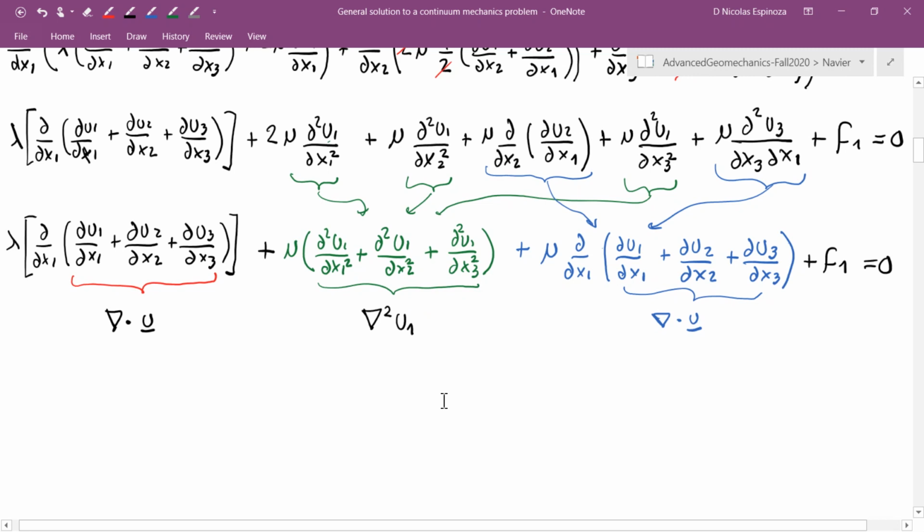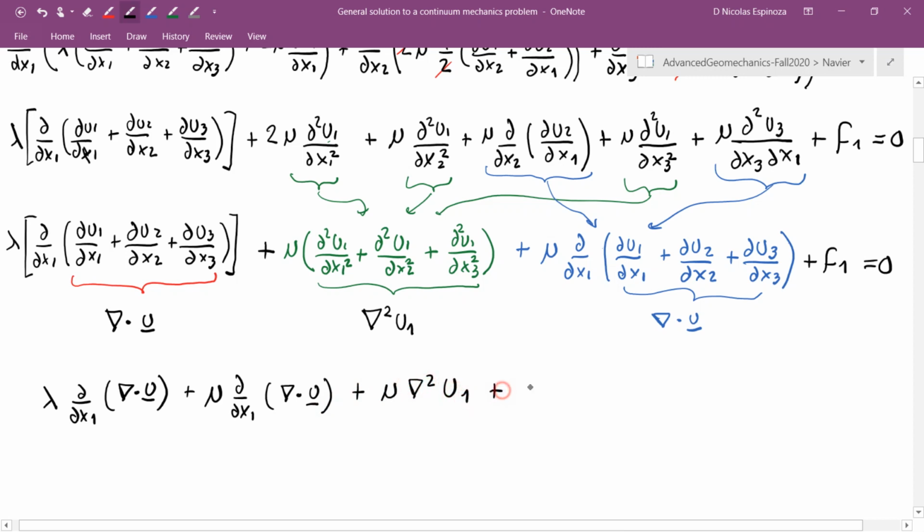What I'm going to do now is use as a common factor this divergence of the displacement vector, and what I'm going to find out is that if I bring this now, lambda of d dx1 of the divergence of this, and I'm going to bring the third term plus mu dx1 and the divergence of that plus mu the Laplacian of the first displacement plus f1 equal to 0.